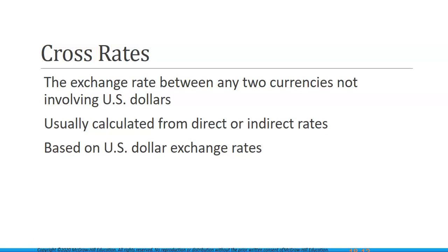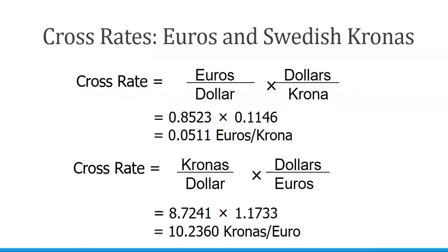A cross rate is the exchange rate between any two currencies not involving US dollars. This can be calculated from direct or indirect rates, and it's based on their US dollar exchange rate. So let's look at an example of that. We're going to use the euros and the krona again, so Swedish kronas. So we have euros to a dollar is 0.8523, and krona to a dollar is 0.1146.